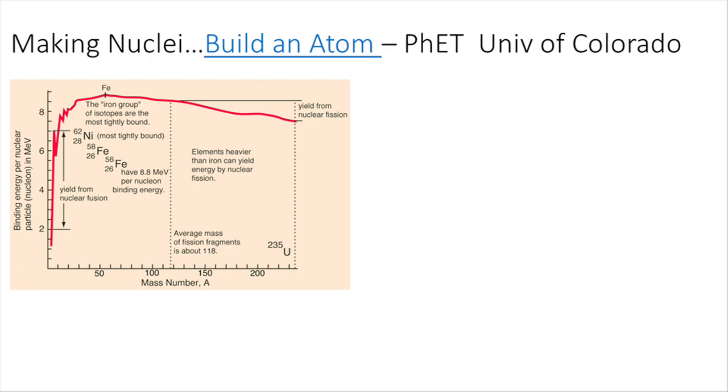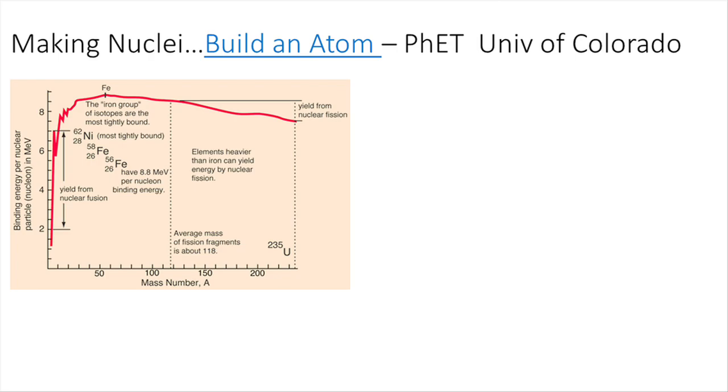It then goes down. If I get uranium-235, it's actually less than this over here. So when I have a nuclear reactor, what I do is take this thing and break it into two parts about this size. Those parts each have more energy per nucleon than the uranium did, so I get that difference out as energy available out of my nuclear reactor.